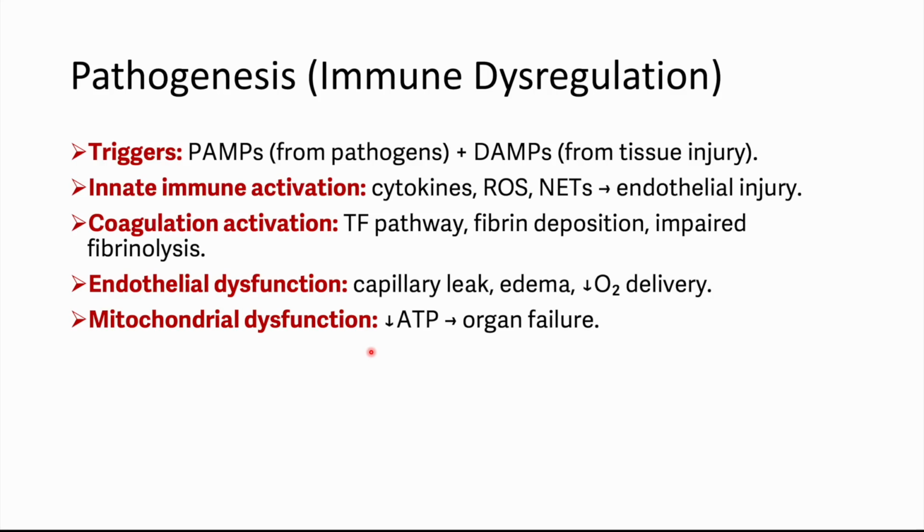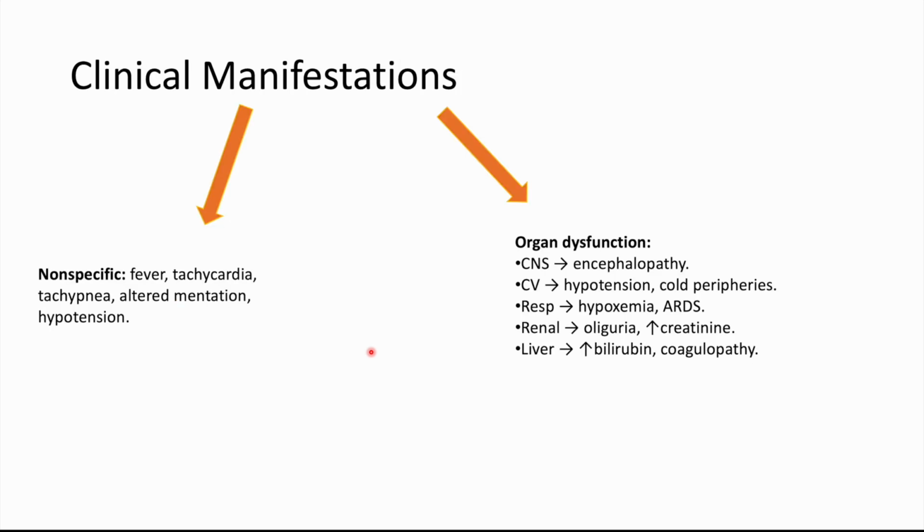Clinical manifestations: clinically, sepsis can look simple at first, with non-specific symptoms like fever, tachycardia, tachypnea, altered mentation, and hypotension. But the key is organ dysfunction. In the CNS, confusion, encephalopathy; severe hypotension, cold peripheries. In the lungs, hypoxemia and ARDS.